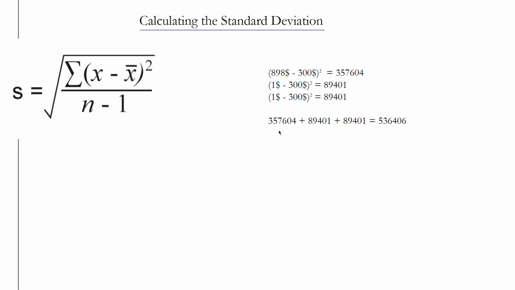So for us, it's just this number divided by 3, and square root the answer. Also, if you're doing a population standard deviation, this symbol will be this here, as shown before. So let's quickly find that out. This number divided by 3, not minus 1, because this is the whole population.